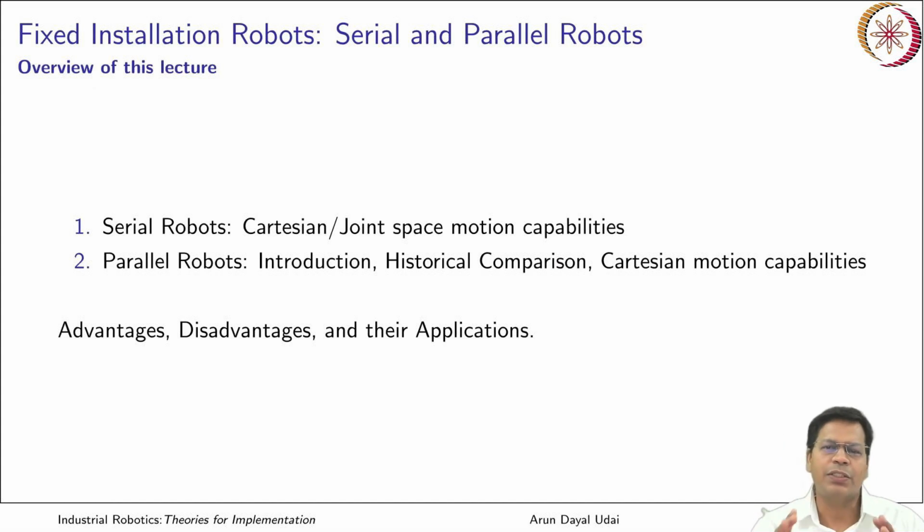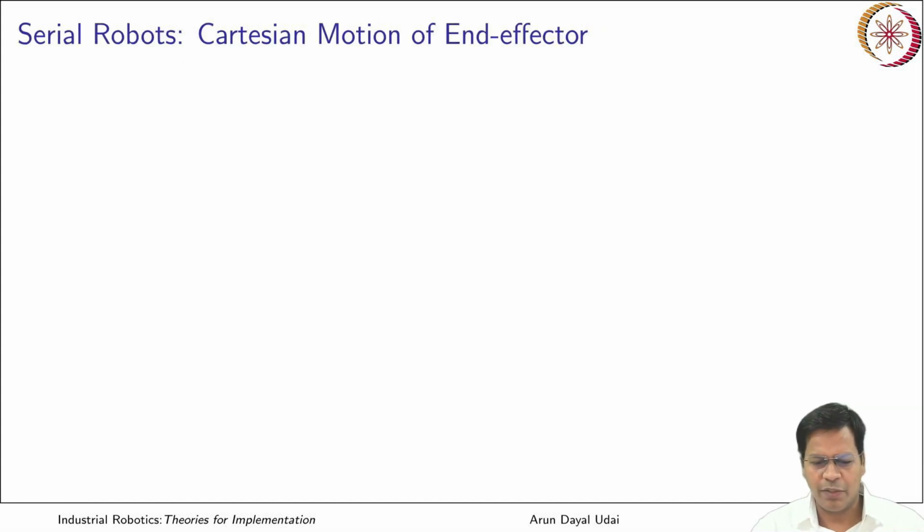Because these two kinds of robots are most widely seen on the industry shop floor. Most of the applications in industry made by robots are made by these kinds of robots. Okay, so let us begin with the serial robot first.